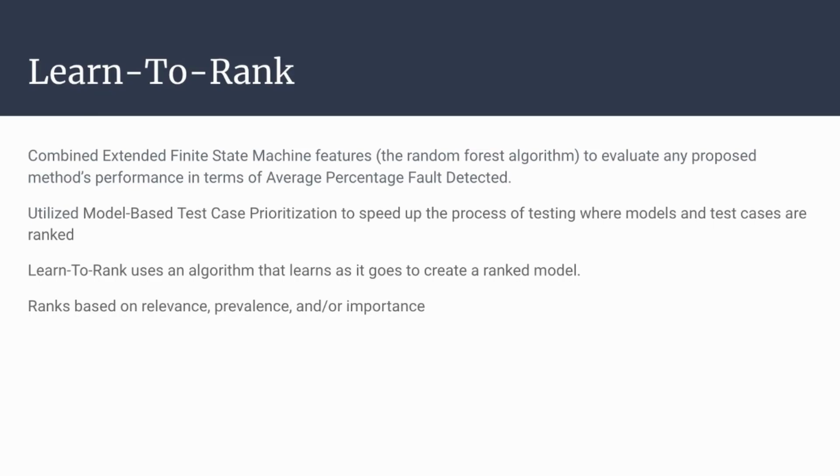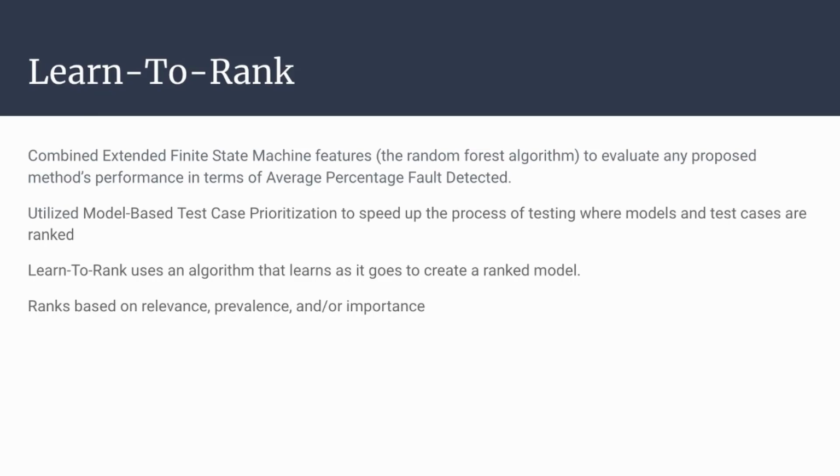Other contributions that they found before making this one considered using only one characteristic of the extended finite state machine, but they wanted to look into the possibility of using more than one. With the multiple methods and the existing learn to rank technique, they created a new method, which is called the learn to rank test suite.